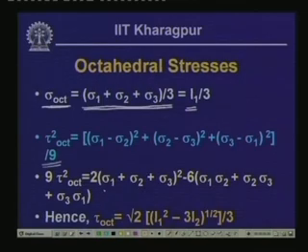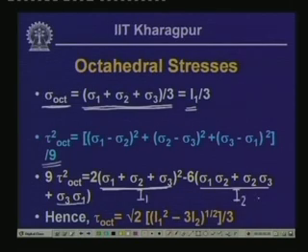Now, sigma 1 plus sigma 2 plus sigma 3, as we have noted, is the first invariant I 1, and this expression sigma 1 sigma 2 plus sigma 2 sigma 3 plus sigma 3 sigma 1 is known as the second invariant I 2. So, we can write the expression for tau octahedral in terms of these two invariants I 1 and I 2, which is root 2 divided by 3 times I 1 square minus 3 I 2 to the power half.